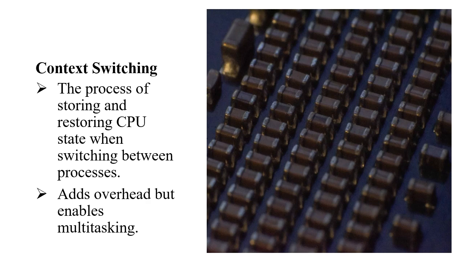For example, in round robin scheduling, if the time quantum is too small, context switching happens too often. It also reduces the efficiency. To minimize overhead, operating systems optimize context switching by reducing unnecessary switches and using better scheduling strategies.